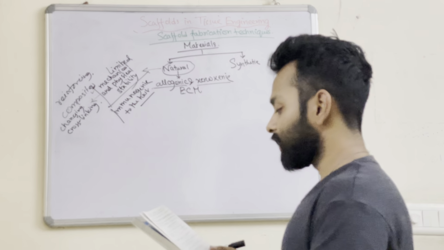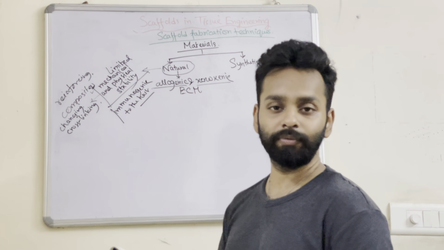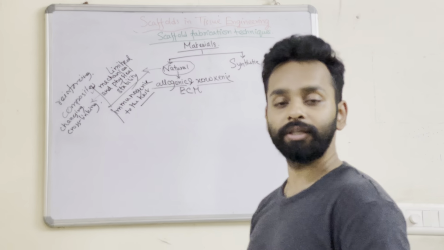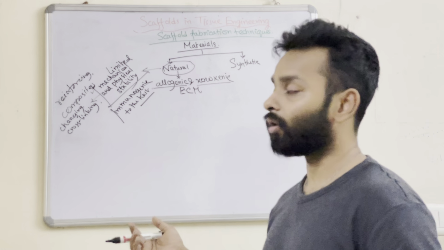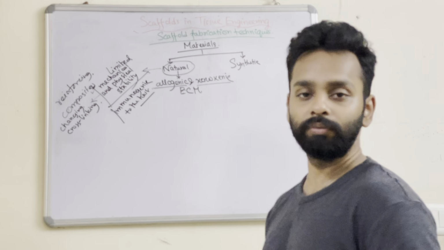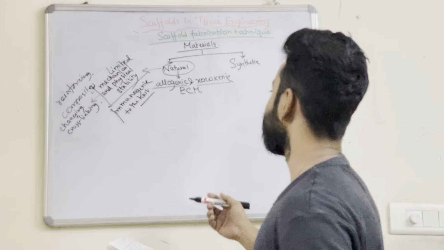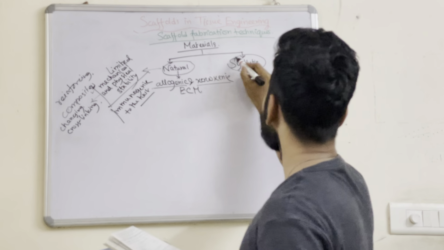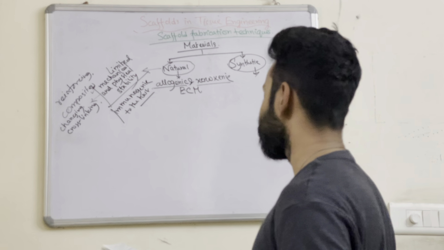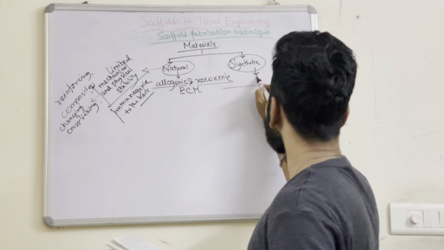And in order to alter the immunogenicity, there might be suitable types of coatings or treatment with collagen from the host tissue, or other suitable protein-based treatments to improve the immune response in the host body. Now coming to the synthetic category of these scaffold-based materials, these can again be divided into two types.